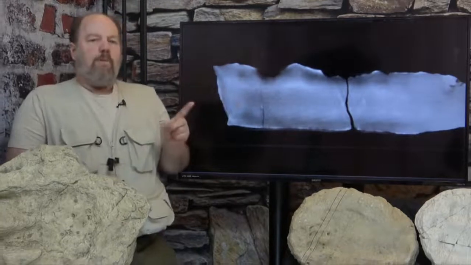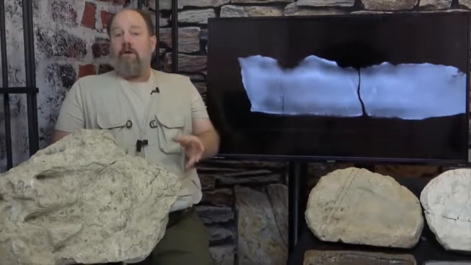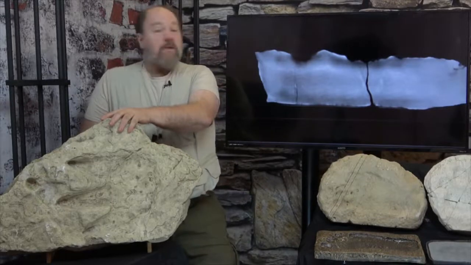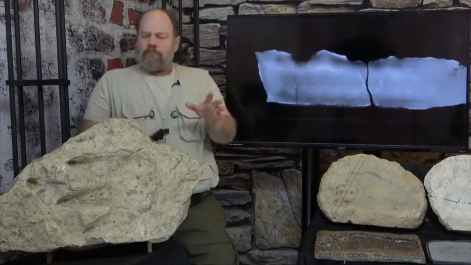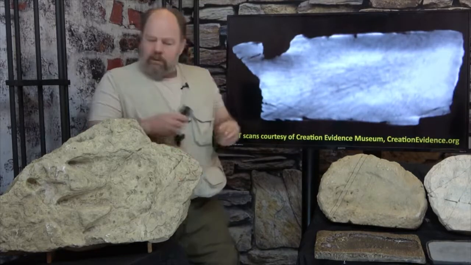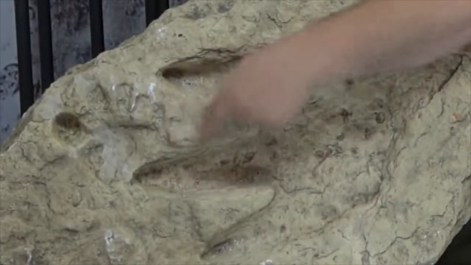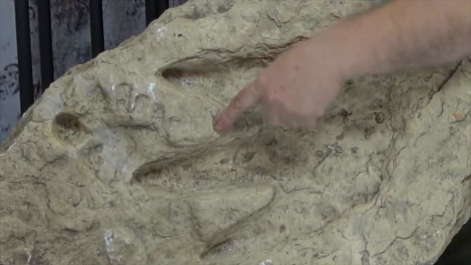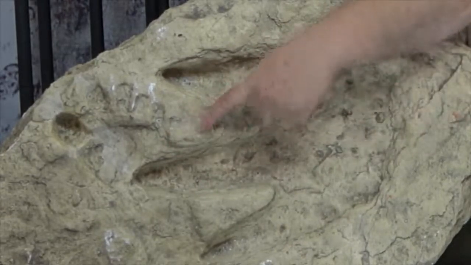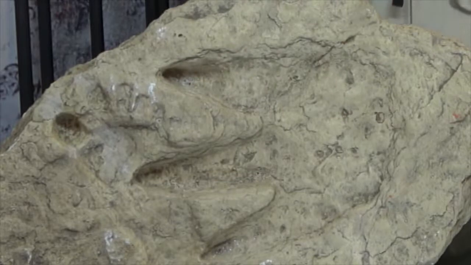When I first published a video on YouTube 13 years ago detailing the CT scans of the Delk track, which I touched on last week. In fact, this spot right here, where the dinosaur's middle toe clipped the human footprint, is some of the highest density rock you'll see in the slab. The reasons are obvious.